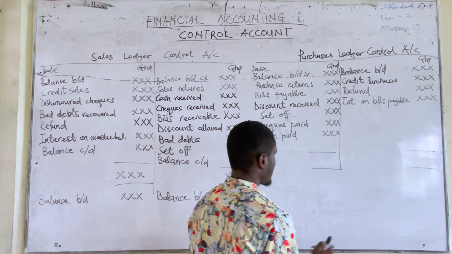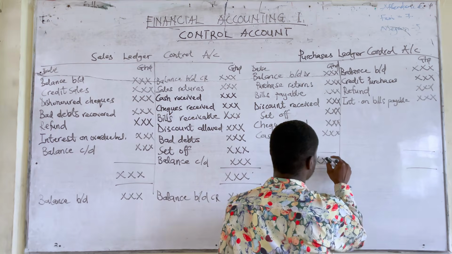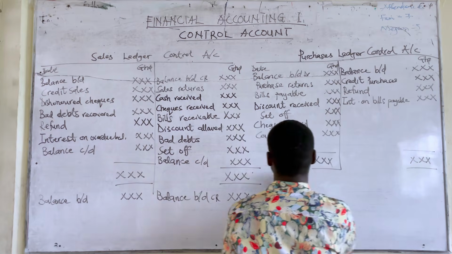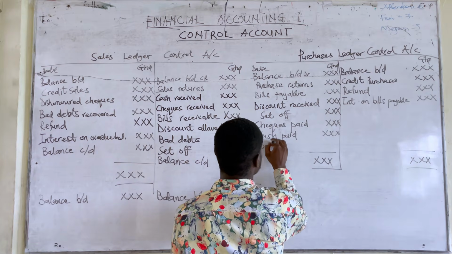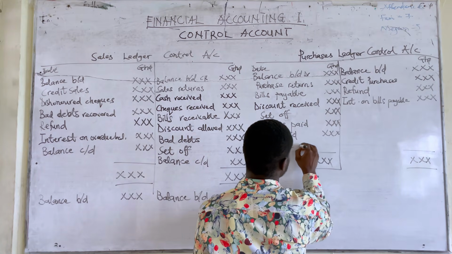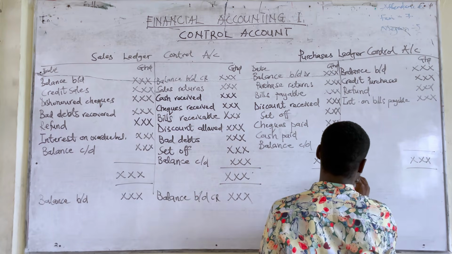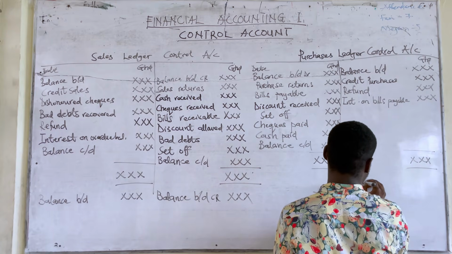You have to balance the account after getting your items. Good. So normally you should get your balance c/d here. You get your balance b/d here.